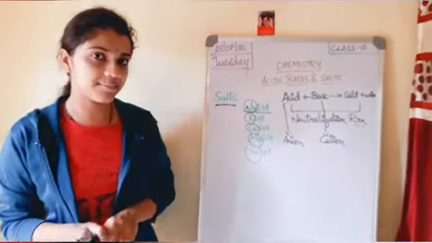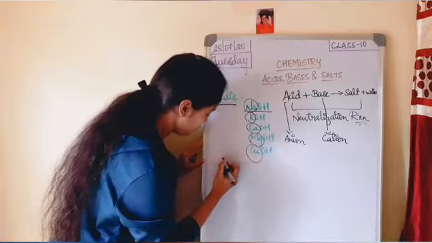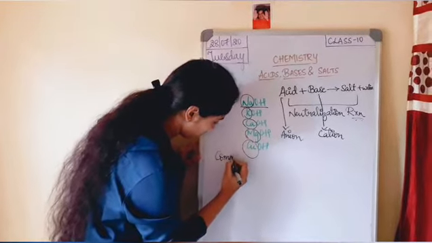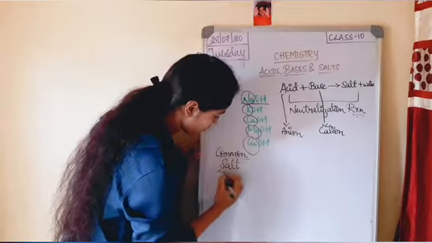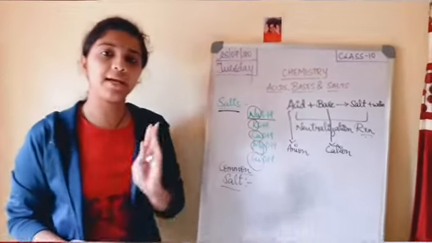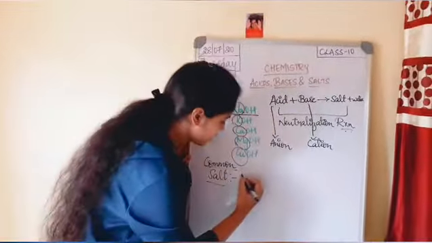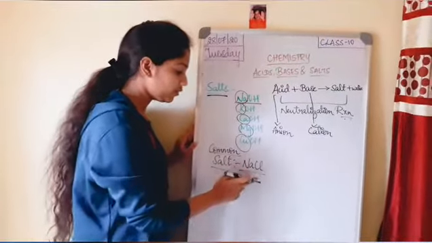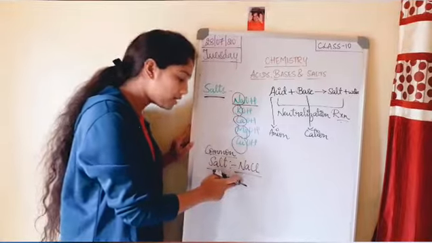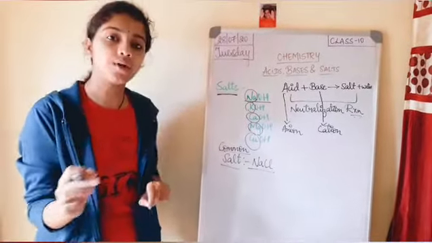Next, let us learn about the common salt. The main chemical present in the common salt is sodium chloride, NaCl. Now this sodium chloride is also obtained by the neutralization reaction.